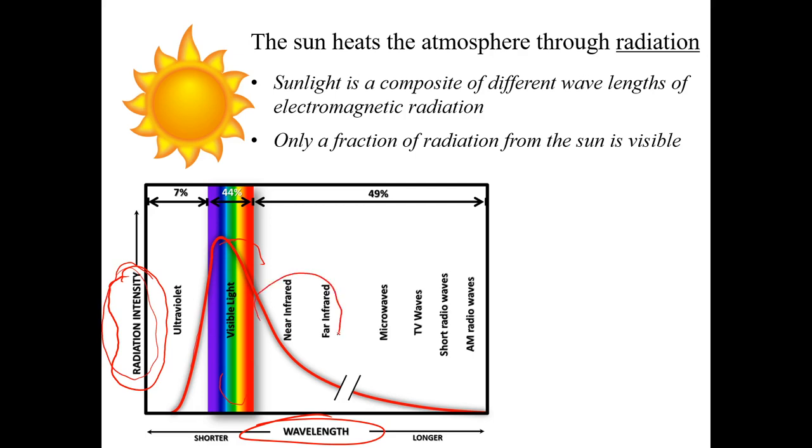However, there is a lot of infrared radiation as well, and there's other things such as even radio. It might surprise you, the sun even emits radio waves, TV waves, even microwaves like what is inside your microwave oven. But the highest peak is visible light. So 44% of solar energy is visible light.